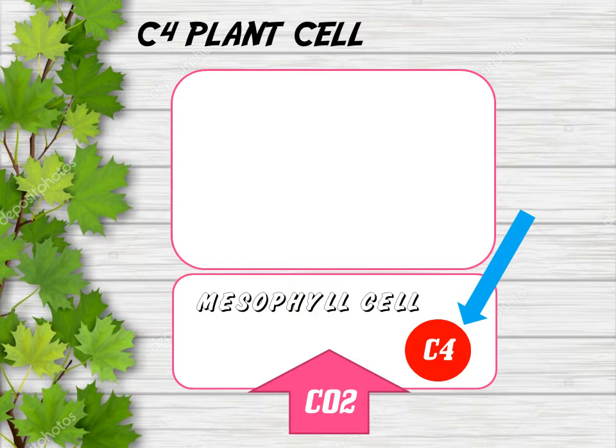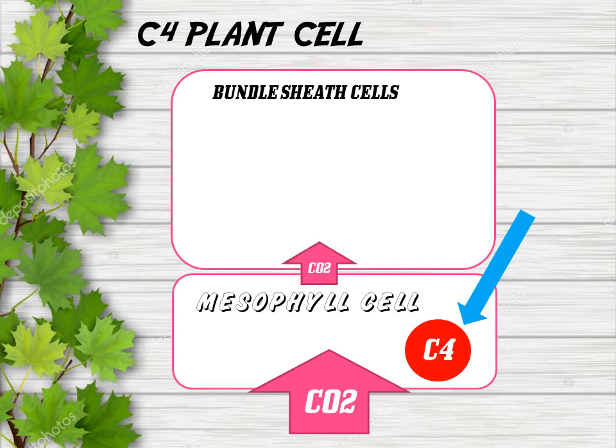So CO2 moves from the mesophyll cells into the bundle sheath cells, where the Calvin cycle occurs. This shields the plant from the oxygen buildup that would otherwise occur when the stomata are closed during dry conditions.